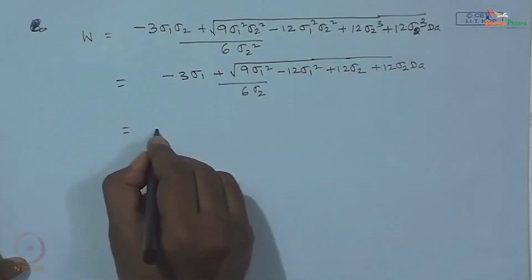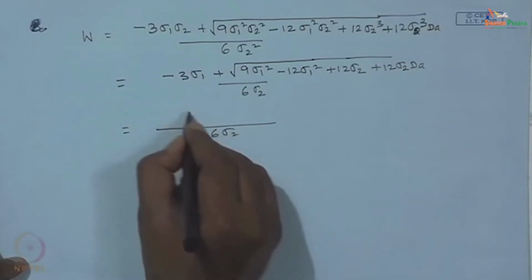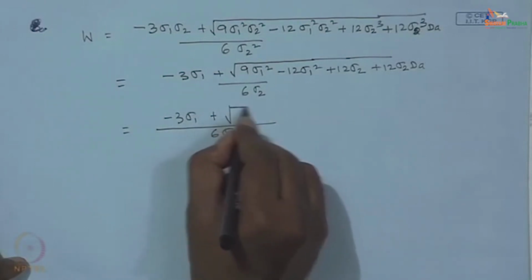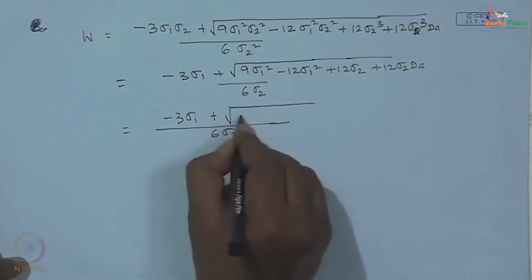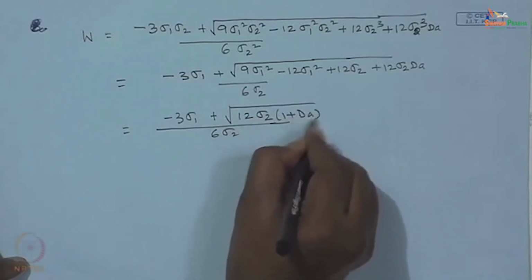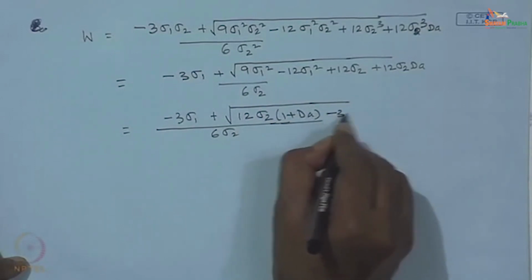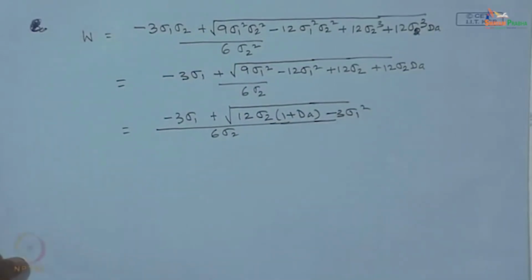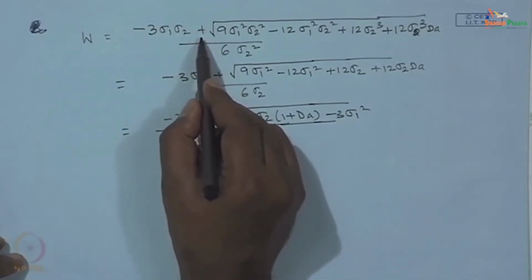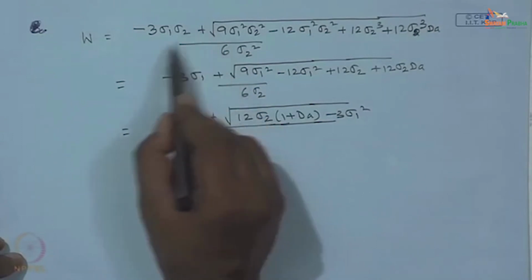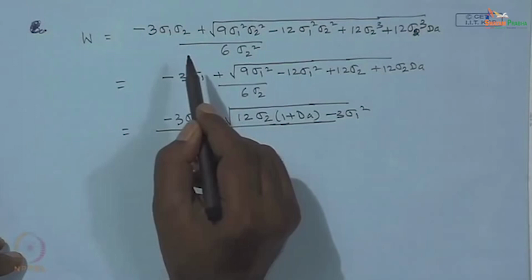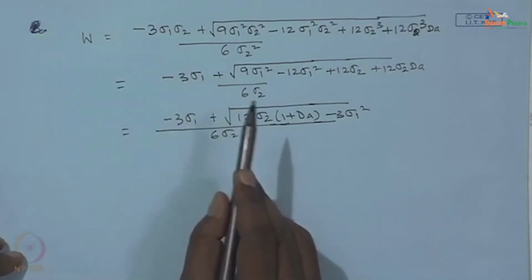So, this will be minus 3 sigma 1 plus root over 12 sigma 2 into 1 plus dA minus 3 sigma 1 square, divided by 6 sigma 2. We should not take the plus minus root here, we should take only the plus sign. Minus cannot be the thing, because if you take the minus sign, then W turns out to be negative, and W is a fraction lying in the domain 0 to 1.